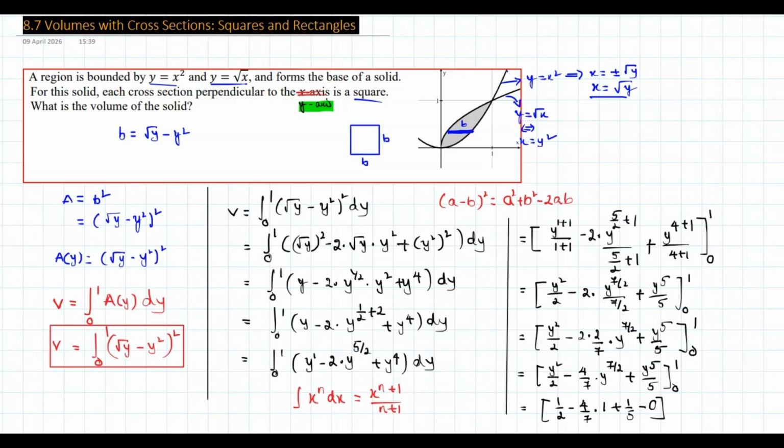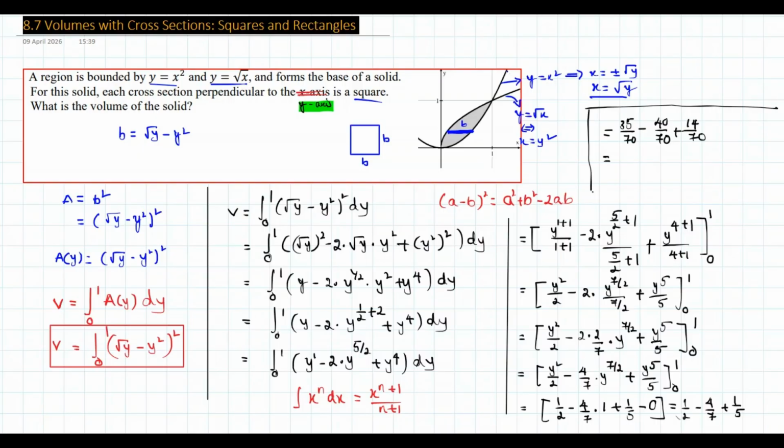So we have 1/2 minus 4/7 plus 1/5. Now the LCD of 2, 7 and 5 is 70, right. So we can rewrite 1/2 as 35 over 70, minus 4 over 7 as 40 over 70, plus 1 over 5, that is 14 over 70.